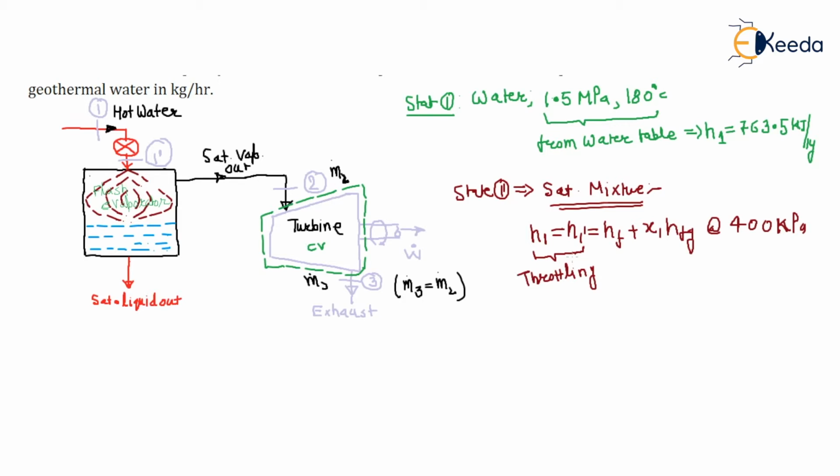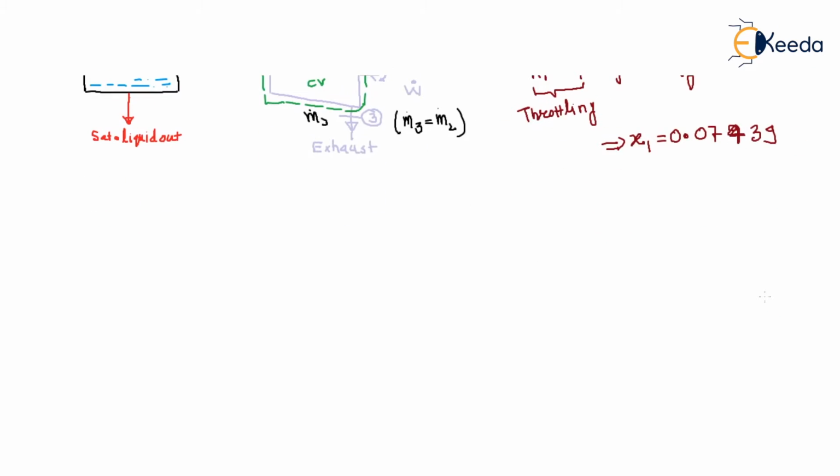So here we can easily find the dryness fraction x1, which is 0.07439.